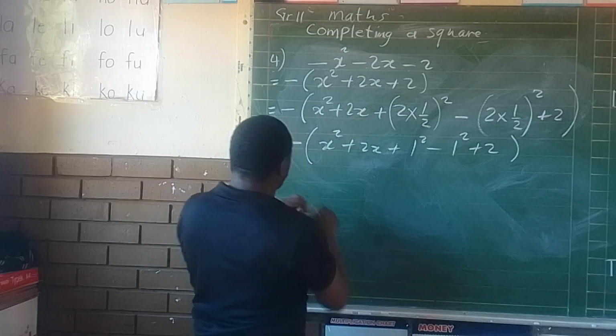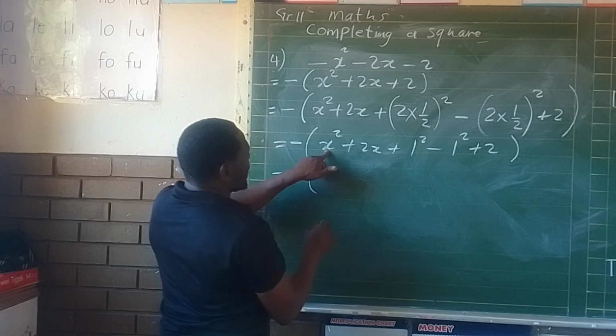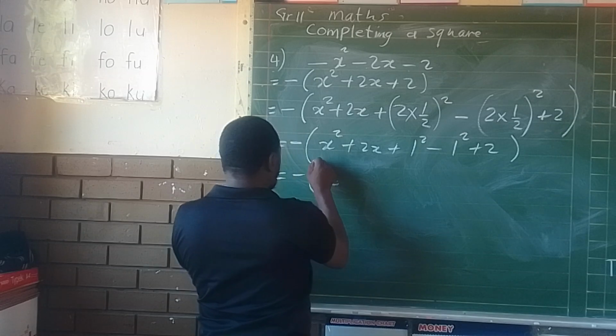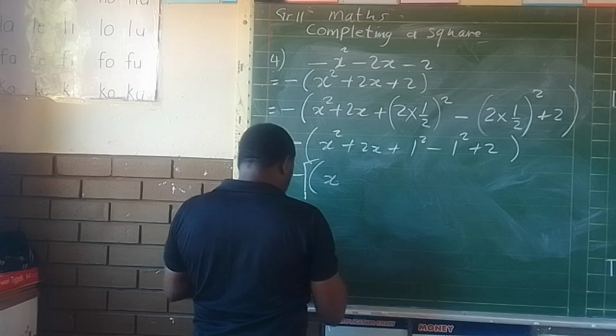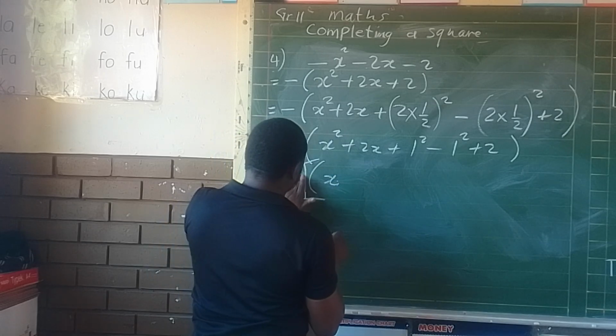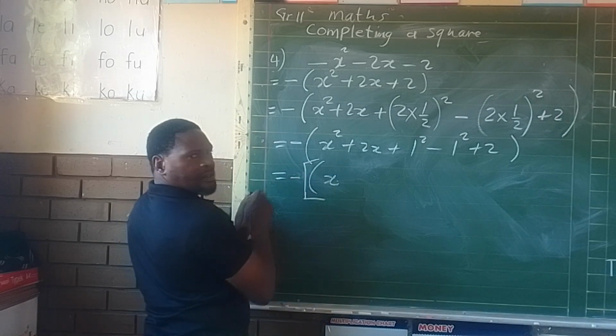Right? It's a negative into x squared. It's going to be x. I'm using a square bracket here because we are factorizing. The negative sign is there.